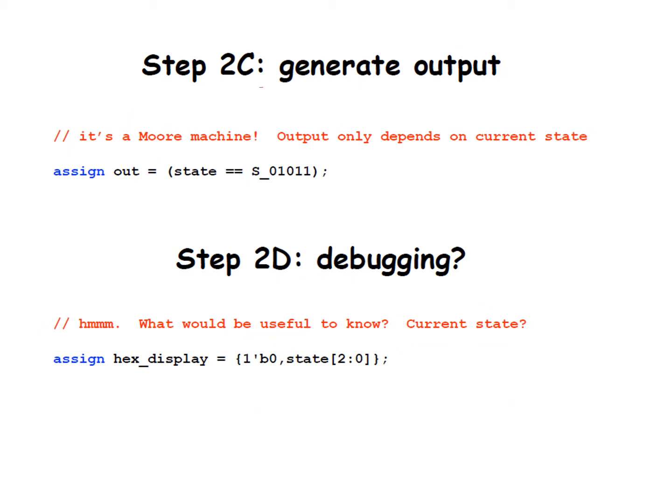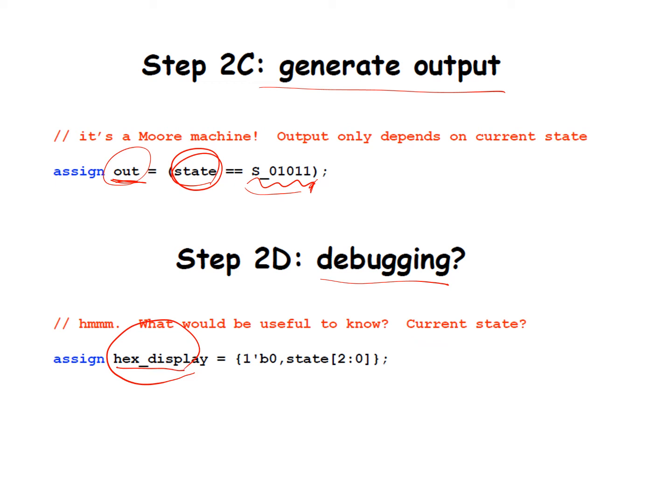Now we generate the output depending on the state. If we reach this 01011 state, then we will generate the output of the circuit. How about debugging? For debugging purposes, the output hex display is described by the state variable and 1 bit.